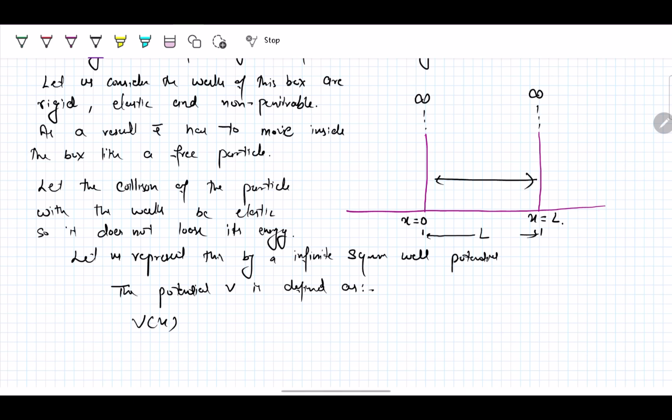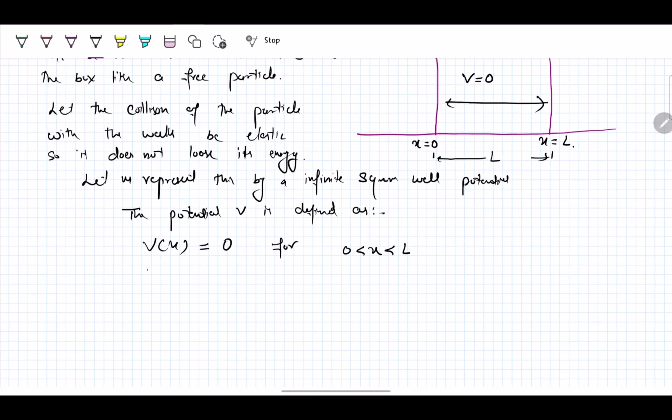This potential is applicable only along the x-axis as we are taking the movement, as well as the box, to be one dimensional. Okay, so V of x is equal to 0 only if the particle is inside the box, because the particle is moving freely inside the box. It means there is no potential applied inside the box. x is greater than 0 but less than L, right? It means the particle should be within this region, and only within this region we have potential 0.